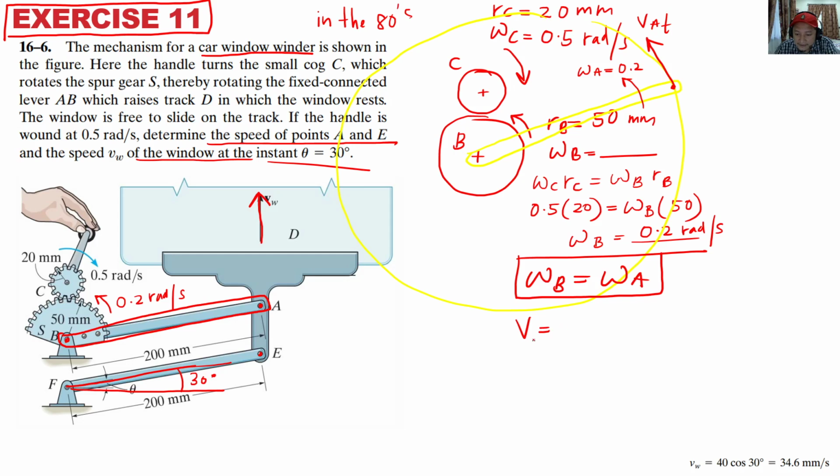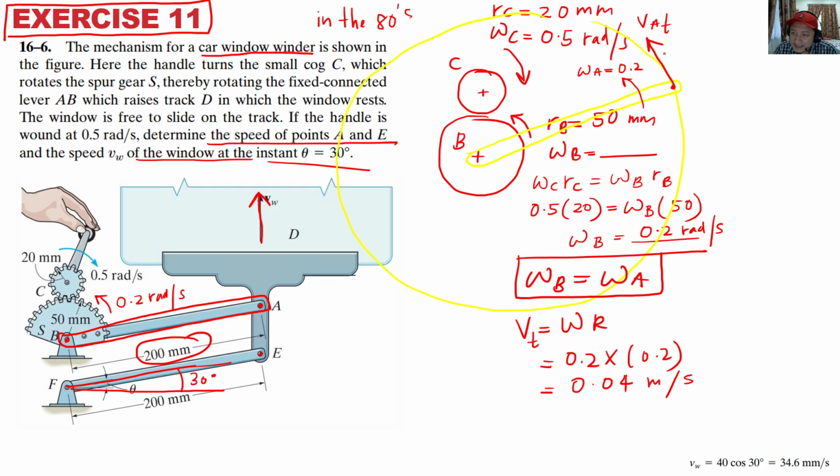V tangential is equal to omega R. Omega is 0.2 times radius. What's the radius? The big one, right? 200 mm, so 0.2. So 0.2 times 0.2 is 0.04 meter per second. Correct.